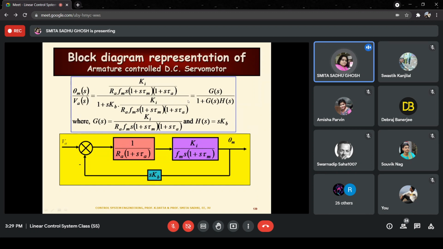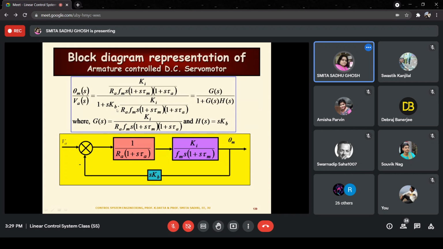In this expression now we can identify certain things. We can put this Ki by Ra Fm s (1 plus s tau m) whole into (1 plus s tau a). If we say this is the forward path transfer function, then we can see that this can be identified in the form of a feedback control system, where the numerator portion is denoted as G(s), the forward path transfer function, and the denominator is 1 plus that portion multiplied by s Kb.